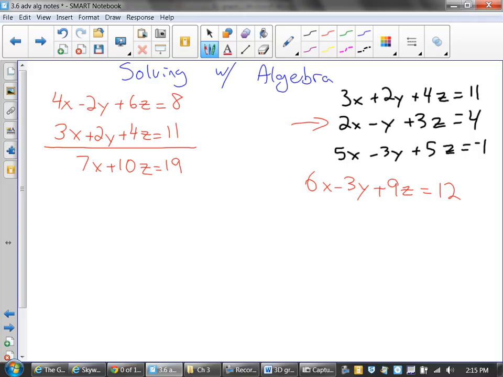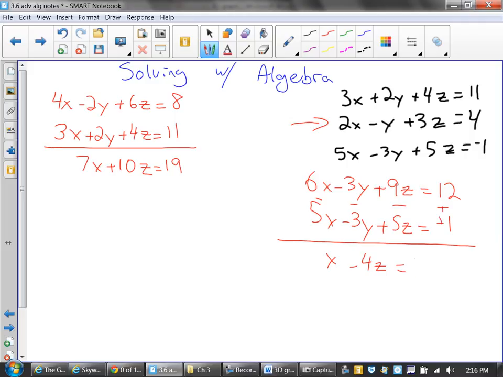Because now with this third equation, 5x minus 3y plus 5z is negative 1, I have same sign, same coefficient. I can subtract all 4 of those. So it's just to get rid of y. Correct.